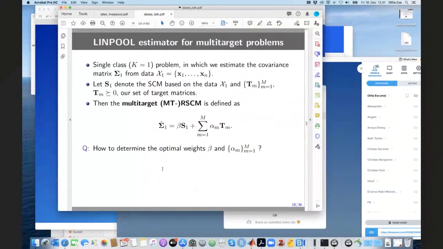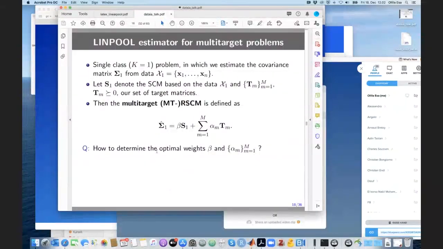Then another approach that we are looking at is a slightly different version of having multiple classes. What you find in the literature is that you have a single class only, but you pool your estimator not just towards one target matrix, but you find a linear combination of your sample covariance matrix and a set of target matrices.